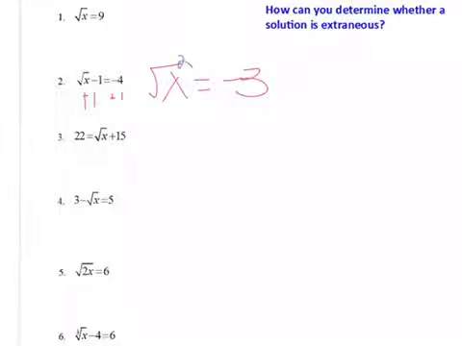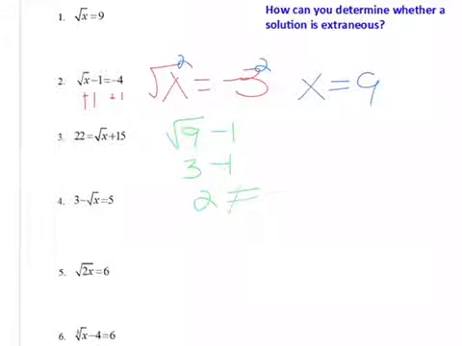Then we can square, and we would get x is 9. However, let's check that. When we plug it in, we get 3 minus 1, which is 2. That does not equal the -4 the problem started with. So 9 is not an answer, it's extraneous. So this has no solution.